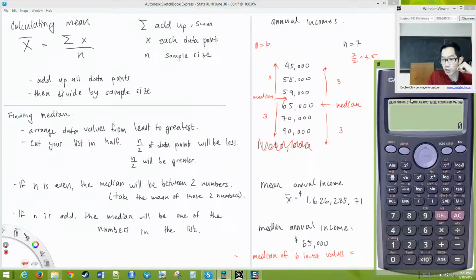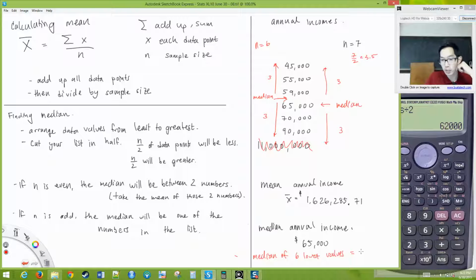So I would add 59,000 plus 65,000 and divide by 2, and I would get 62,000. So my median here is 62,000.